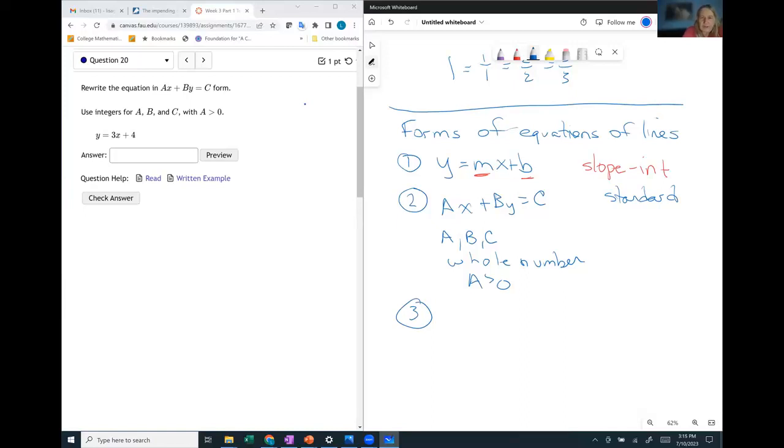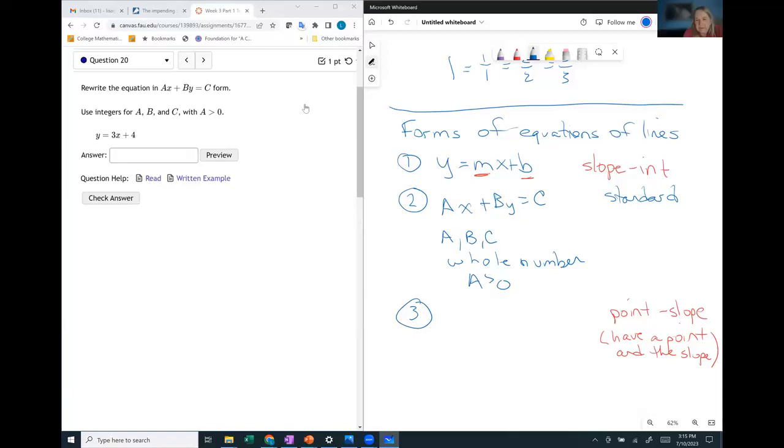And we have a third one we haven't talked about yet, but I'll put it here. It's called point slope. Let's see if you can guess what that means. This means I know a point and the slope. So I might as well put it in this form. If I have the slope and the y-intercept, I might as well put it in the first form.